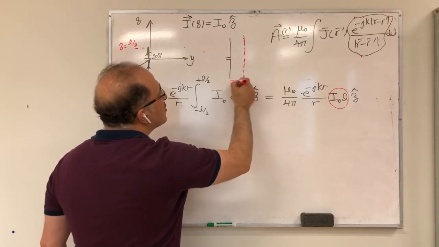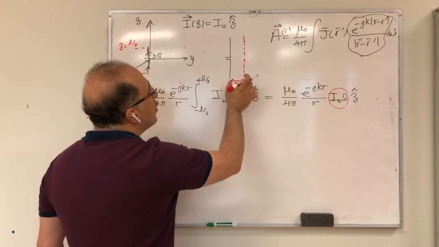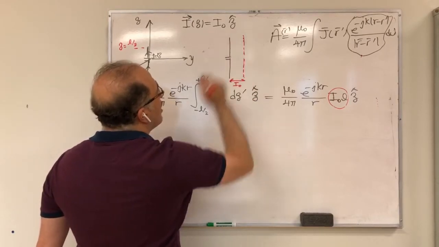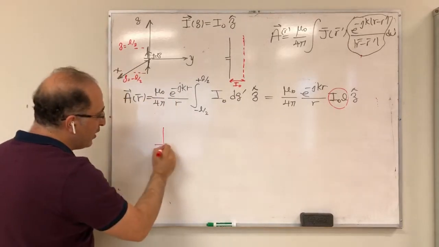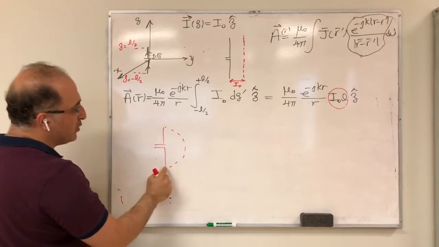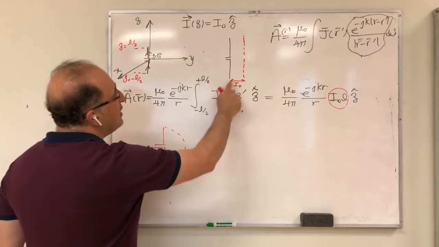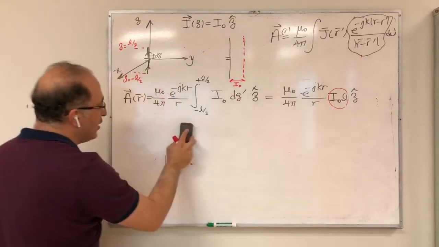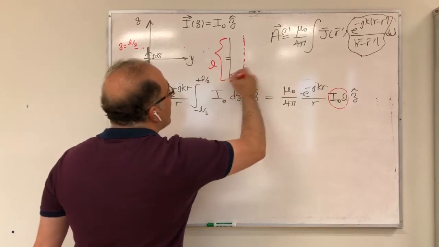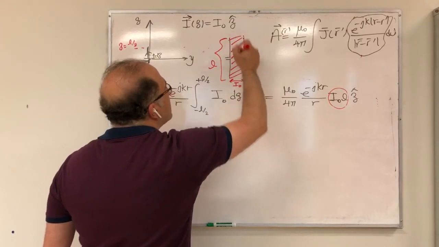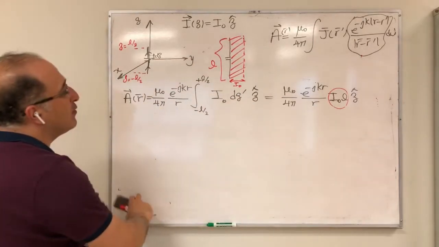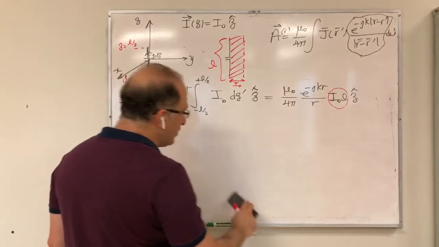Here I naught, here I naught, here I naught. This is different from my first assumption that I mentioned, where the current is zero at the ends and it's half a cosine. But here I'm assuming it's uniform and it's I naught. And remember, the length of the dipole was L. So if you calculate the area under this curve, this is a rectangle and you get I naught times L, and that's my I naught times L over here. So that's one thing to remember.